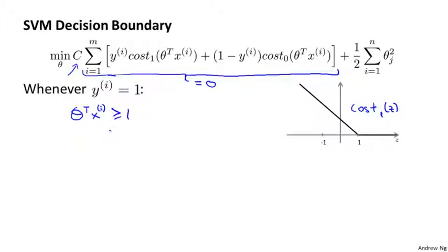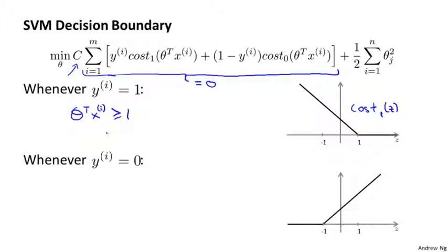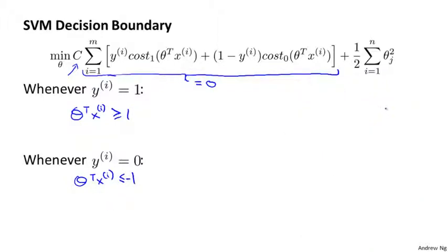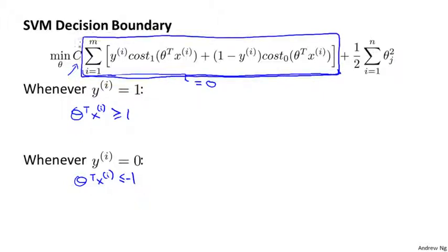And similarly, whenever we have an example with label 0, in order to make sure that cost0 of z is 0, we need that theta transpose xi is less than or equal to -1. So if we think of our optimization problem as now really choosing parameters to ensure that this first term is equal to 0, what we're left with is the following optimization problem.